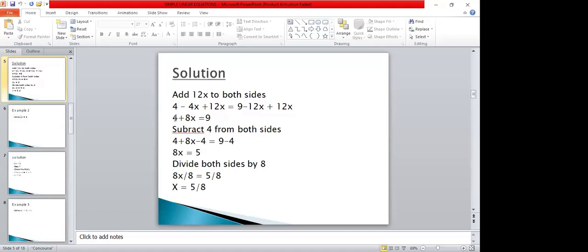So to remove the 4, you have to subtract 4, the opposite of 4. We call it additive inverse. Additive inverse of 4 is minus 4. Inverse means the opposite. So now we have to subtract 4 from both sides.